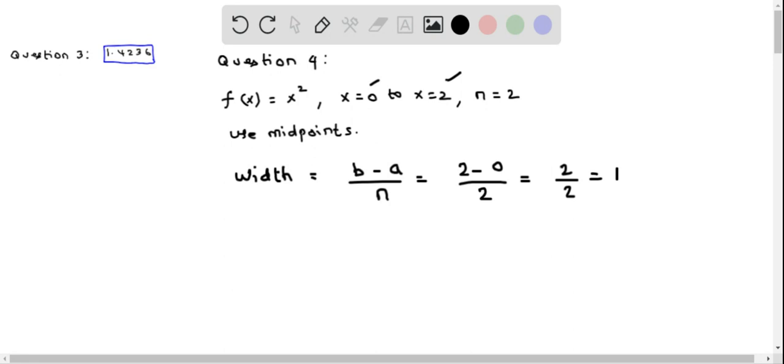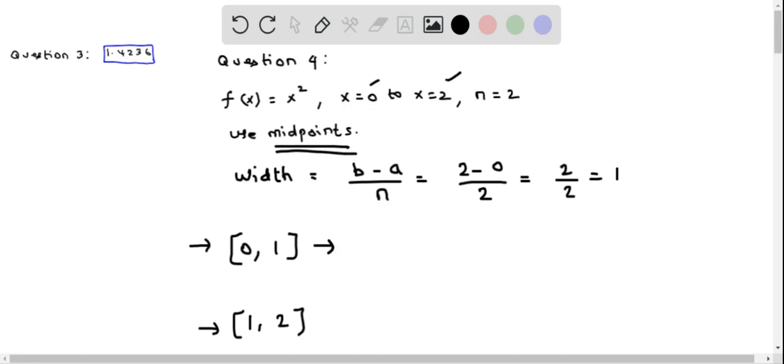Since x starts from 0, we start off with 0 and add the width. So it gives 0 to 1 as the first sub interval, and then 1 to 2 as the next sub interval. These intervals represent the rectangles, but notice that we should use the midpoints of each of these sub intervals.